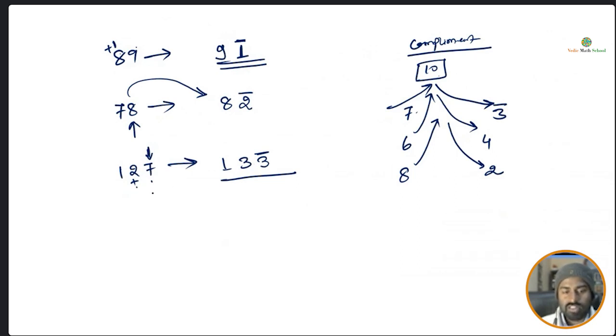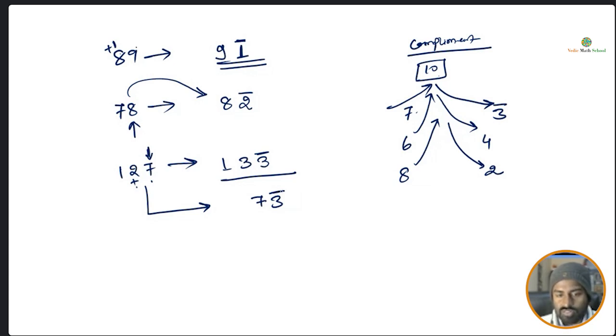So 1, 3. Now, if we want to convert the same number with 2 as a bar, then what are we going to do? Again, 10 minus 7, that is 3 bar. Now this is not 2, this is actually 3, because we converted this number into a bar number.